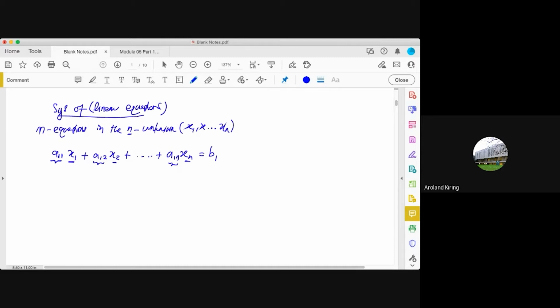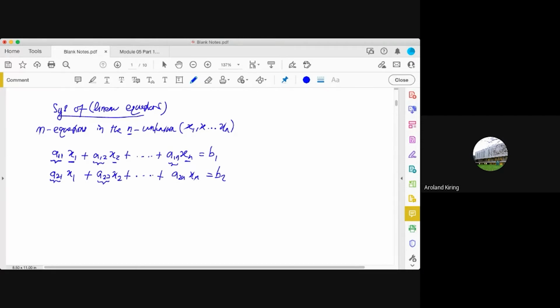If we are going to have another equation, we can write it as a21 x1 plus a22 x2 plus a2n xn equal to b2. If you look at the coefficients here, a21, a22, you can see that the subscript number is changing.